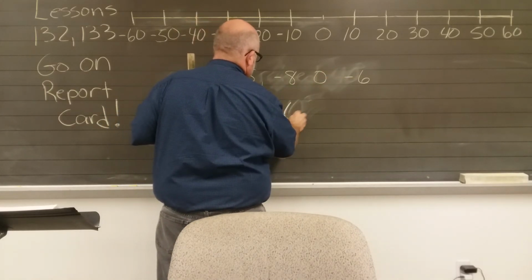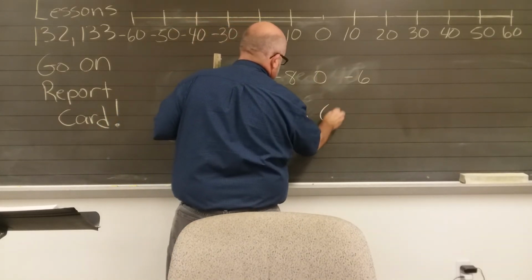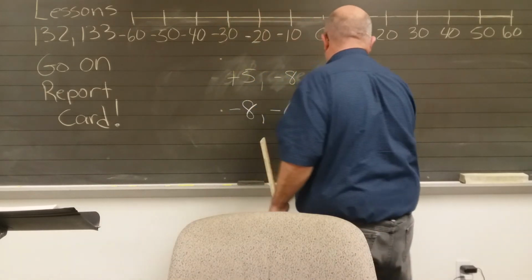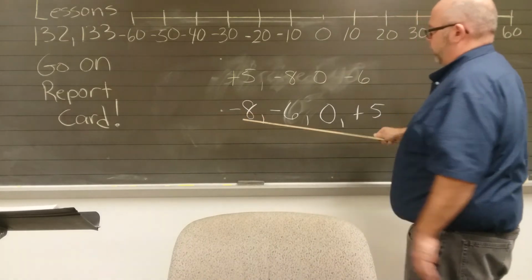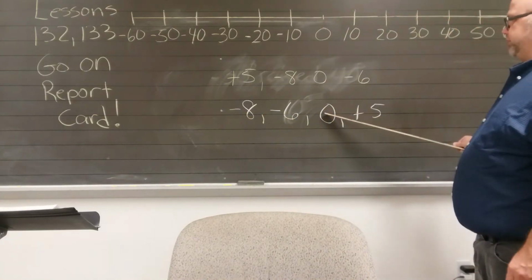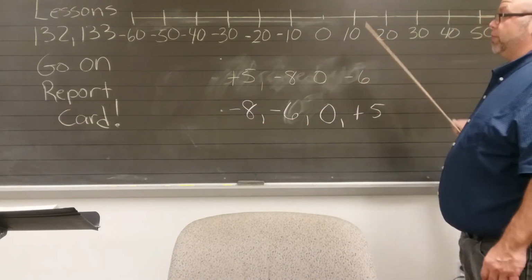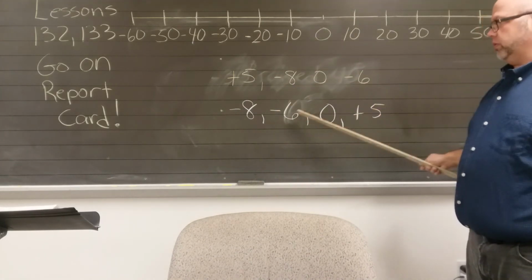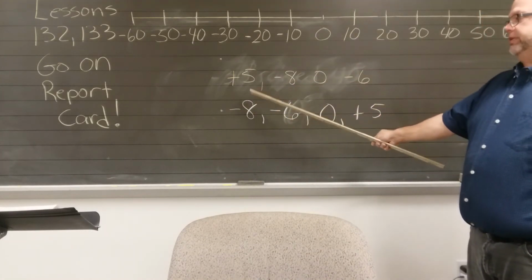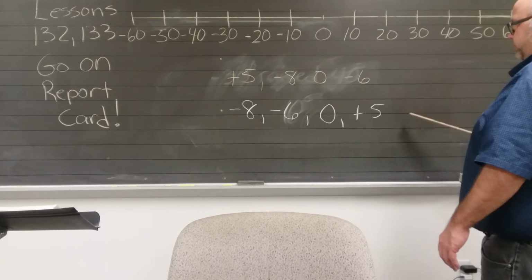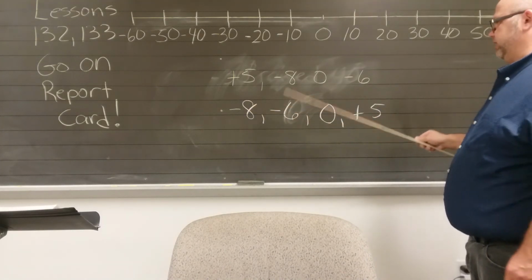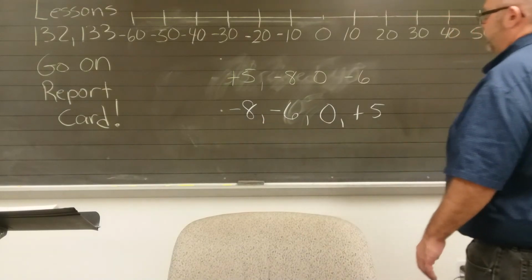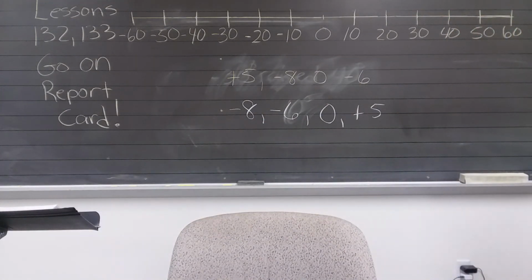Negative 6. 0. And plus 5. Smallest to largest. Okay, you have 0 and then you're below 0. Smaller than 0. Less than 0. Negative 6, negative 8 would be the smallest. Okay, don't assume that the 8 is the larger. Negative 8 is smaller. Smallest to largest, negative 8, negative 6, 0, and positive 5.